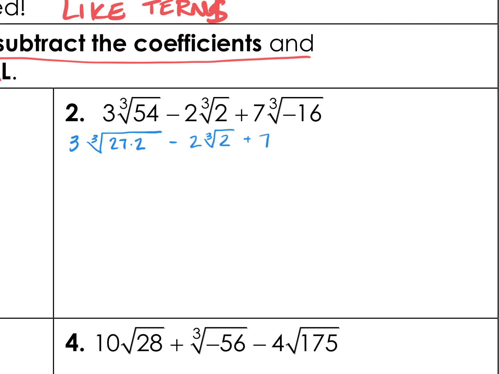And 16 is negative 8 times 2. So we take out the things that are perfect cubes, leave what's not a perfect cube underneath the radical, and simplify those.